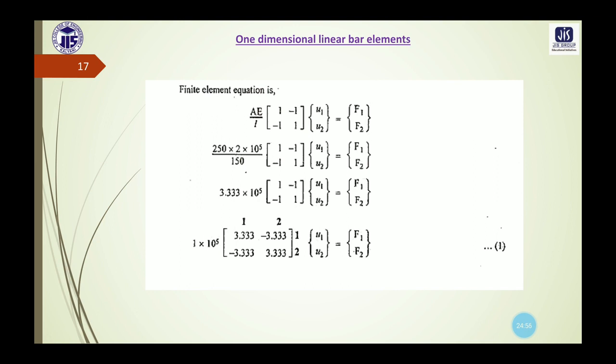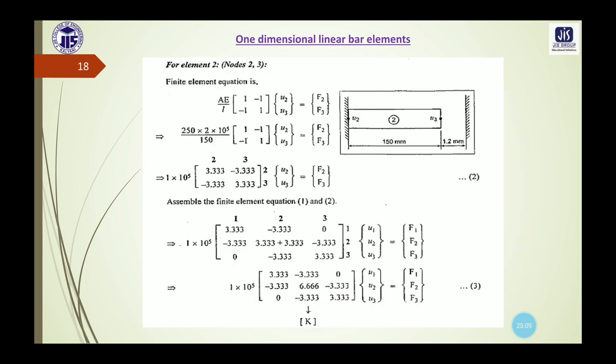If we put all the values of the area, Young's modulus and the length, then finally after the matrix multiplication we are getting equation number 1, which is the finite element equation for element 1. Now in the similar manner we need to find the finite element equation for element 2.